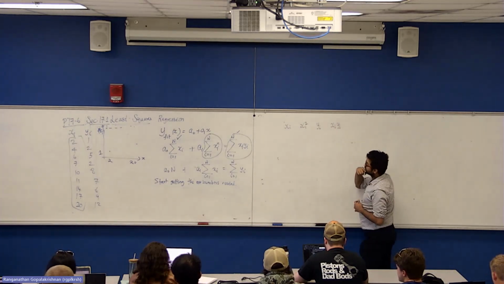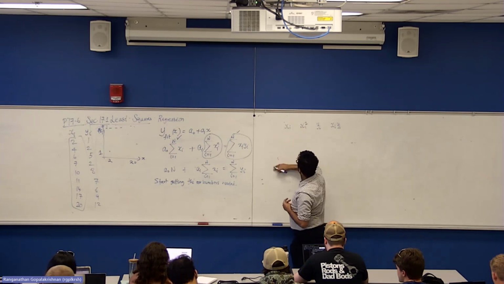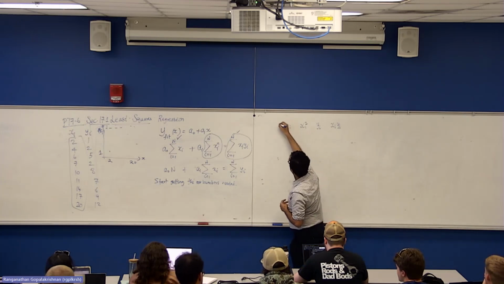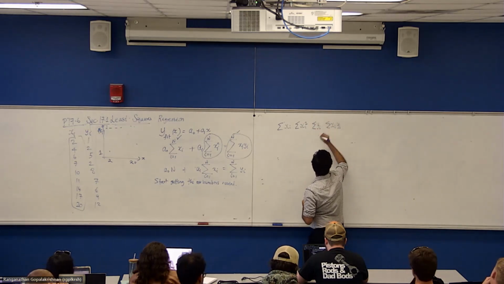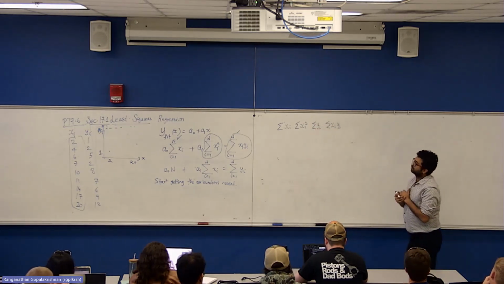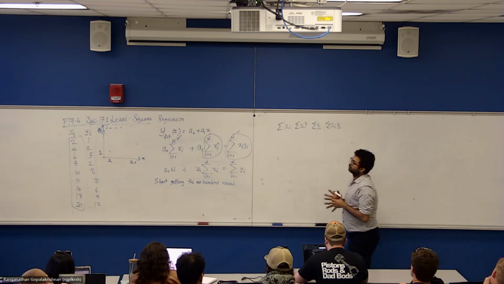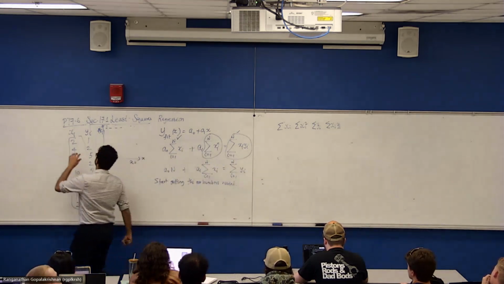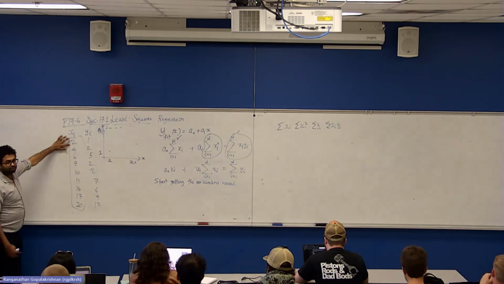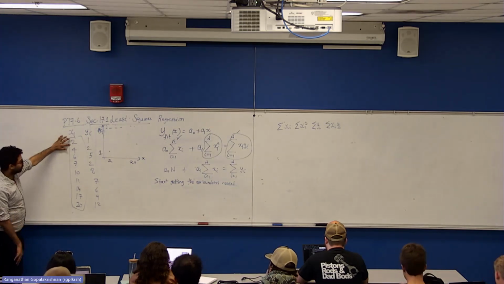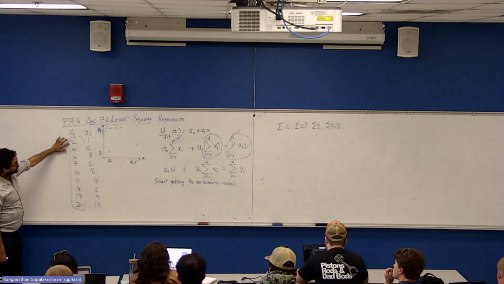These are the quantities you need. It's a little tedious, but there is no other option at this point other than doing this with Excel. So let's quickly do this.